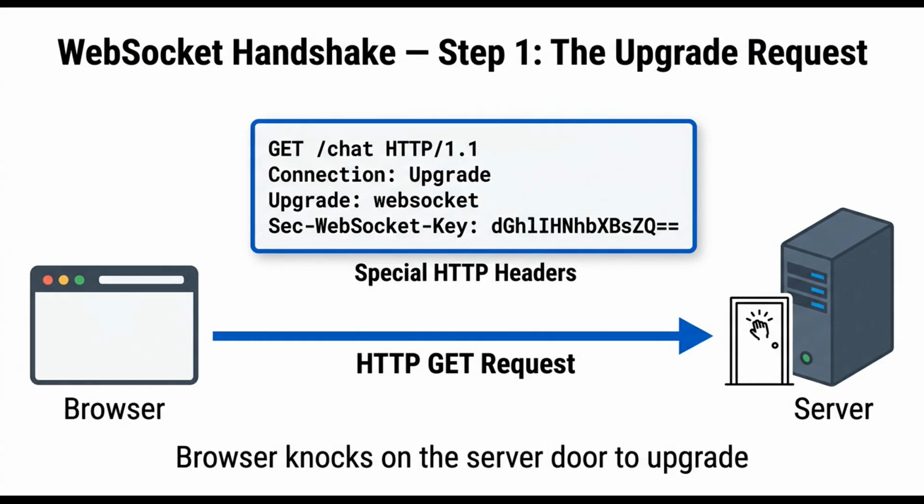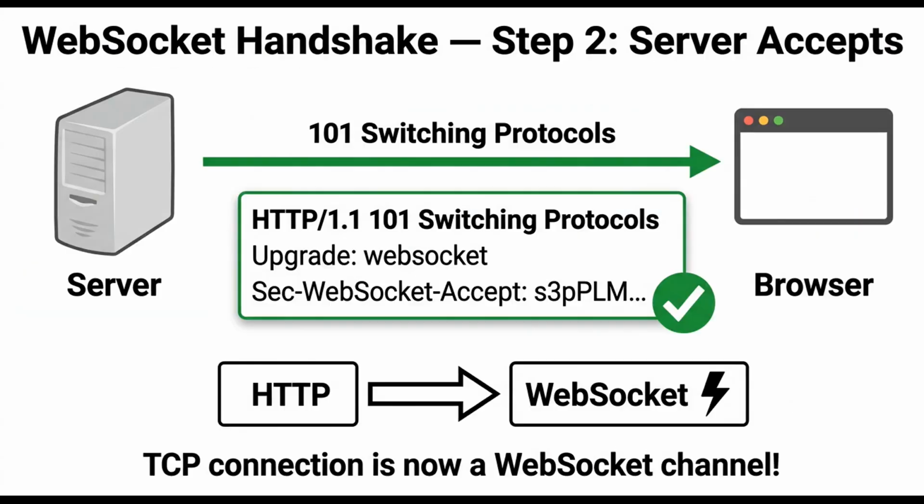The key headers involved are Connection: Upgrade, which says we want to change protocols, Upgrade: WebSocket, which specifies we want WebSocket specifically, and a special key called Sec-WebSocket-Key, which is a randomly generated base64 encoded value. Think of this as your browser knocking on the server's door and saying, hey, let's switch to a better way of talking. So the browser sends that upgrade request.